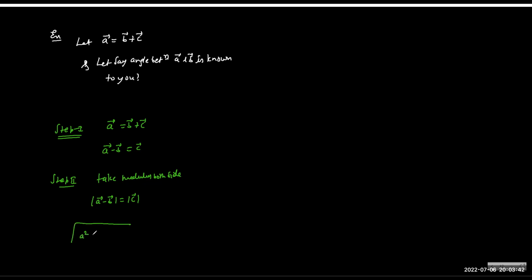A square plus B square, now plus or minus? Let's say the angle is theta. So what can we write next? A square plus B square minus 2AB cos theta. And this must be equal to C, or simply C if you can write it.